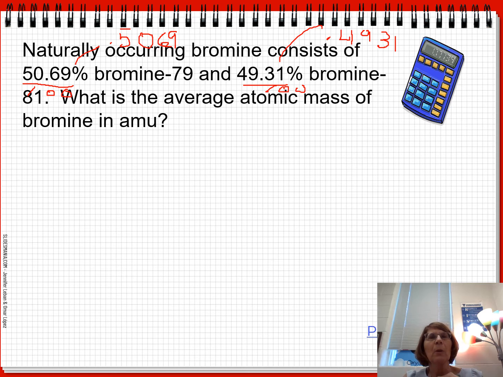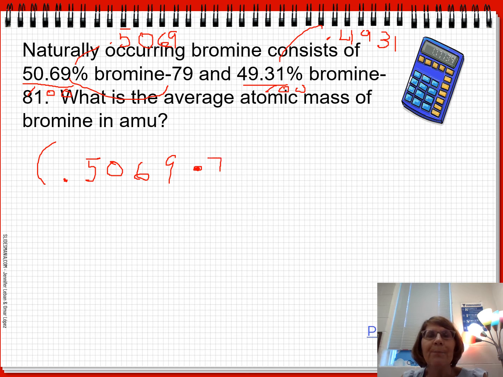All right, so what we're going to do is take the decimal, 0.5069, and multiply it by 79.